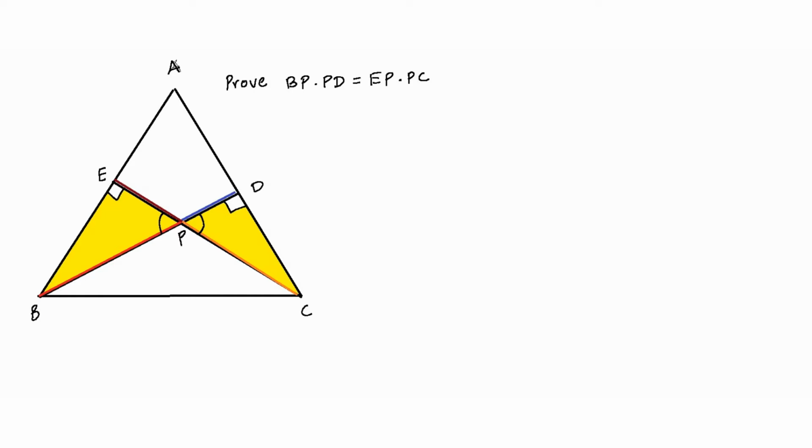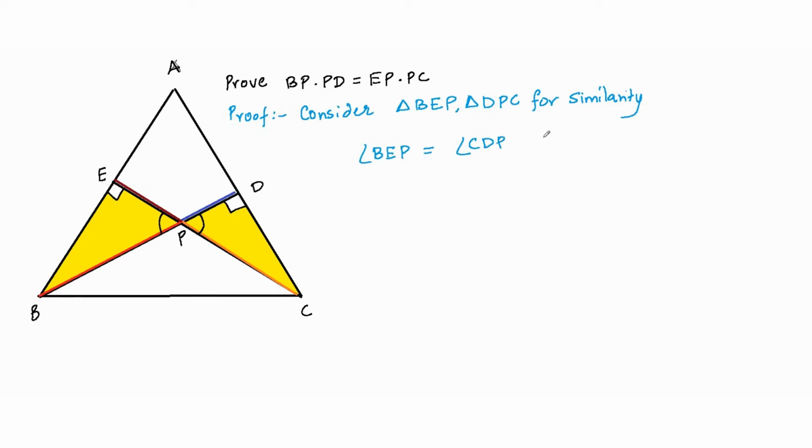So let's start. Let's consider triangle BEP and triangle DPC for similarity. So now we know that angle BEP is equal to angle CDP is equal to 90 degrees, because this is already given to us.